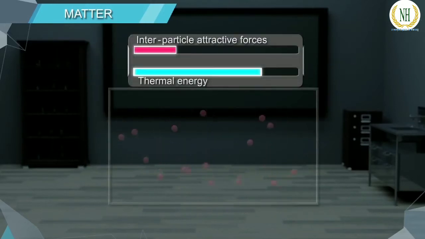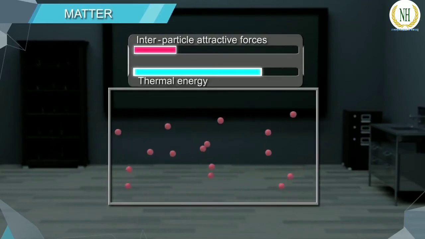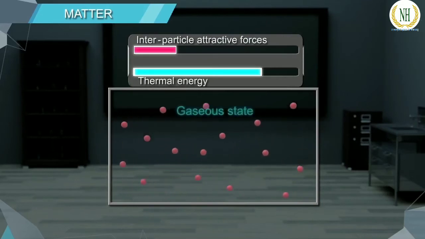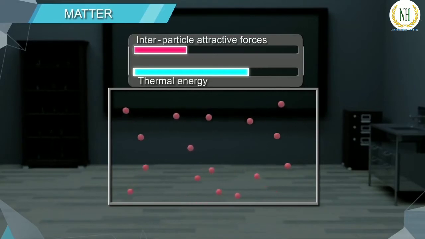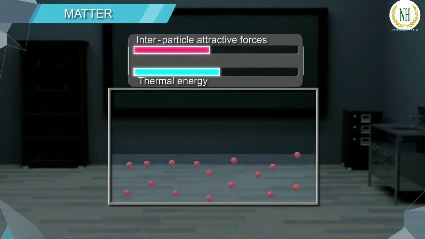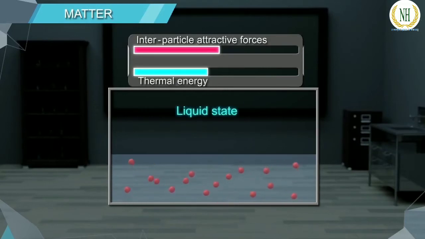If interparticle attractive forces are very weak and thermal effects are predominant, then the substance will be in the gaseous state. If interparticle attractive forces are slightly more than the effects of thermal energy, then the substance will exist as a liquid.